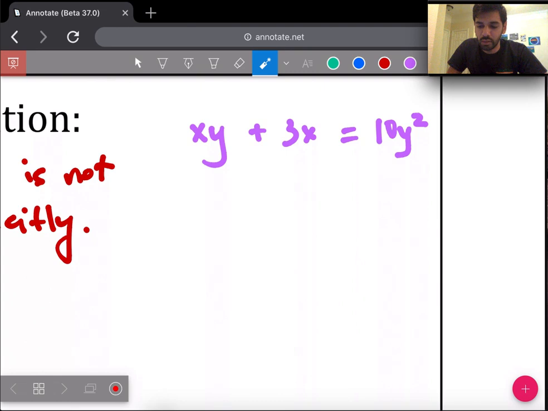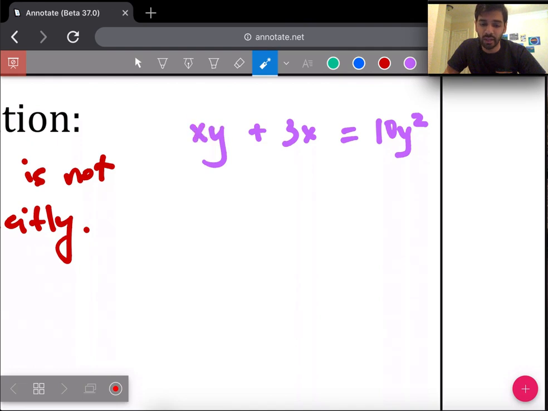So when we implicitly derive, we still have to apply the same rules as we always do whenever we take a derivative. So right here, I have x and y being multiplied. And whenever we have multiplication in a regular function, we would have to use product rule. So I would also have to use product rule right here, treating x as the first and y as the second. So derivative of the first times the second.